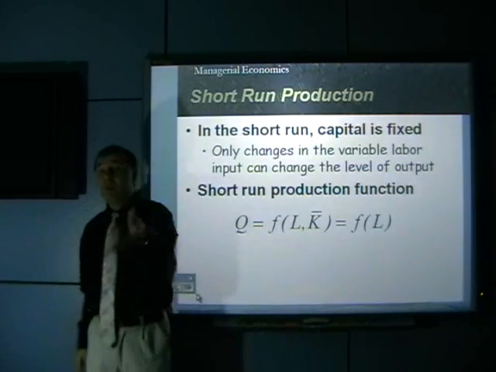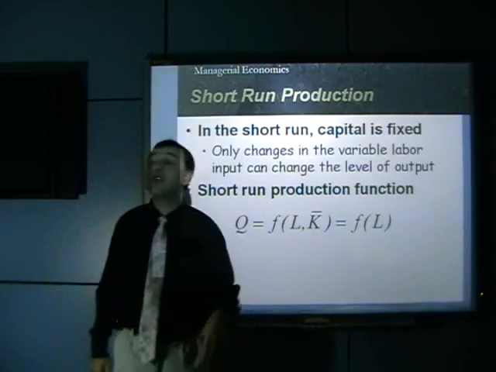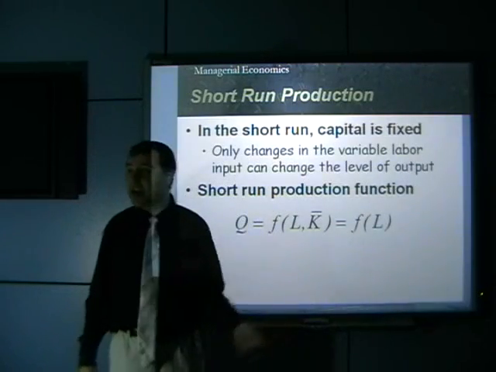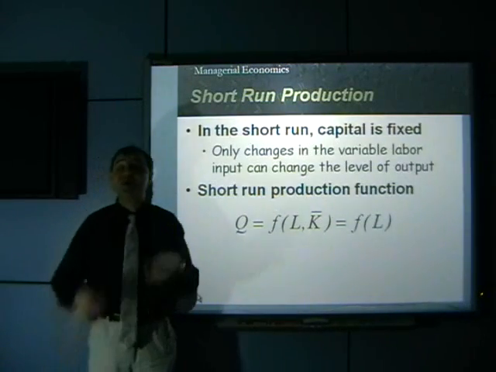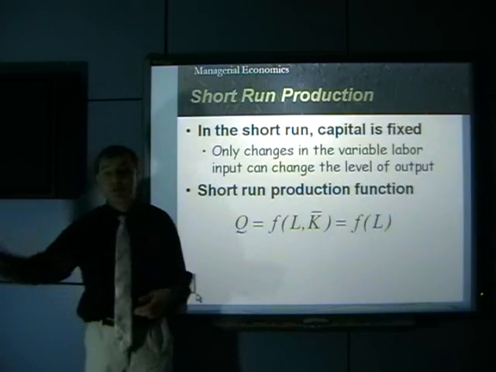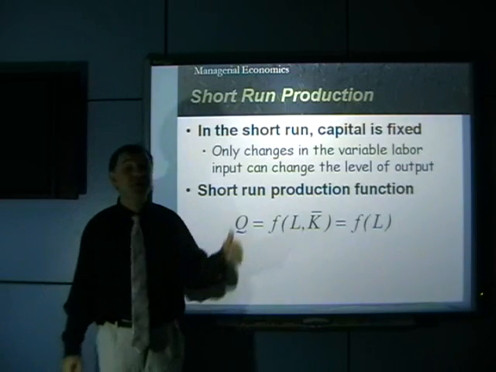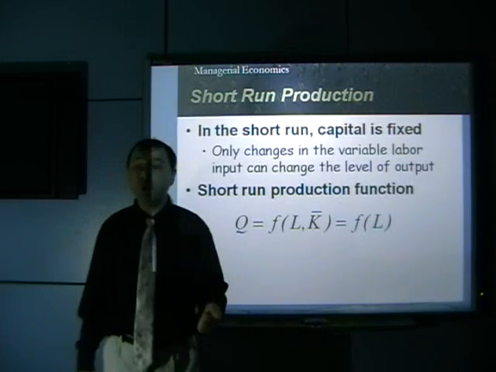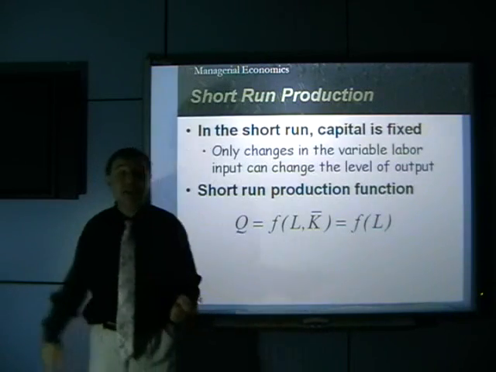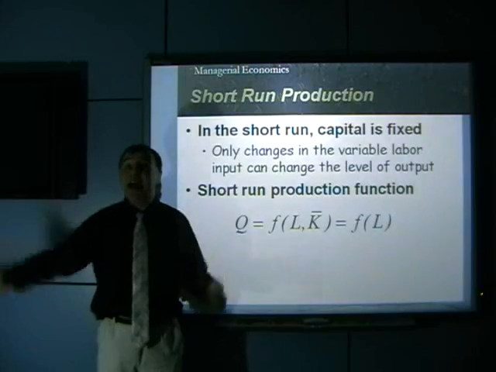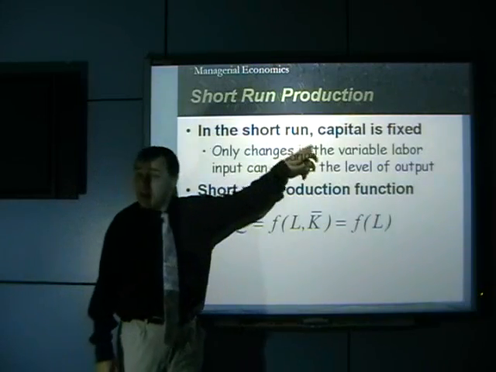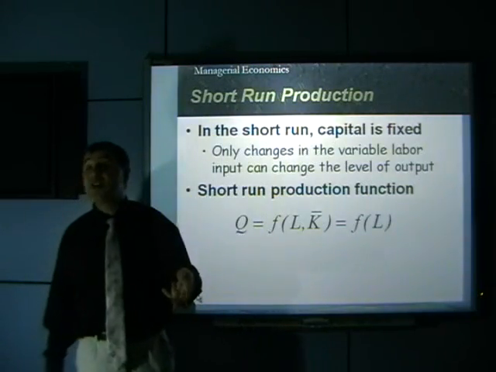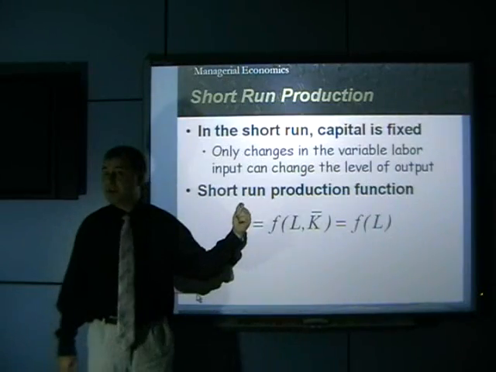GM, Ford, Chrysler, the American automakers, are stuck for 2-3 years with labor union contracts on their workers. So it could turn out that they're stuck with the workers, and sometimes labor turns out to be fixed more than capital.